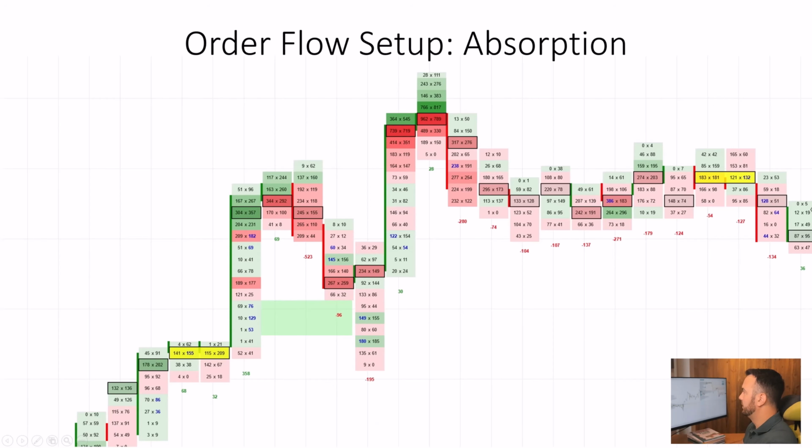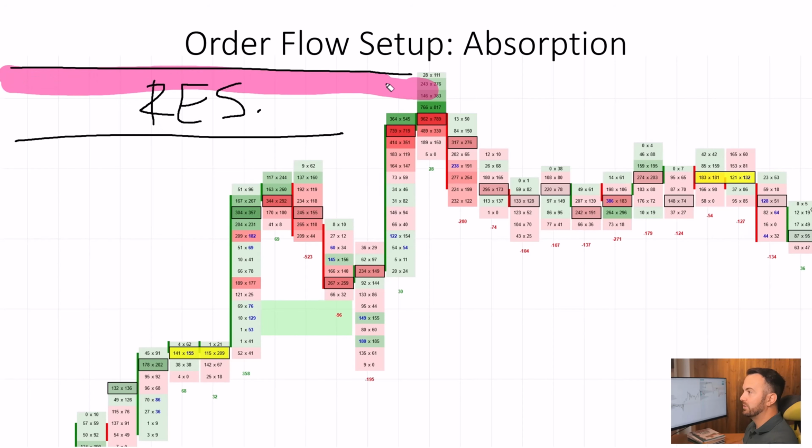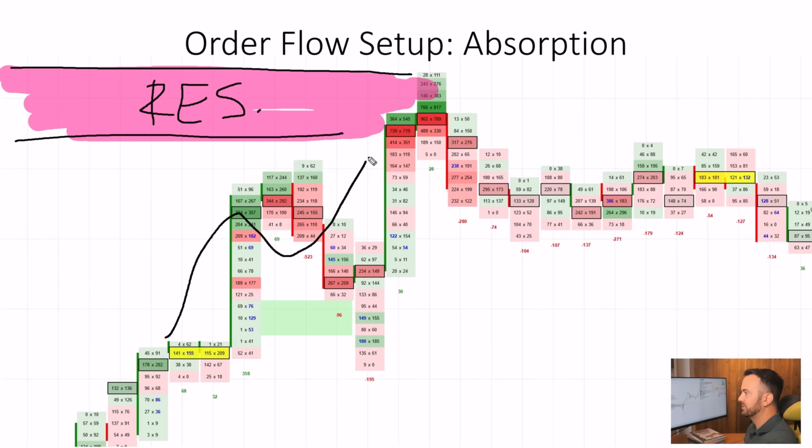Here is the first example. Imagine that there was a resistance in here, and by the way, resistances and supports are not just lines, they are always areas. Imagine that we had a strong resistance here, and the price is reaching that resistance, and when it reaches this area of resistance, you see these unusually huge volumes both on bid and ask.